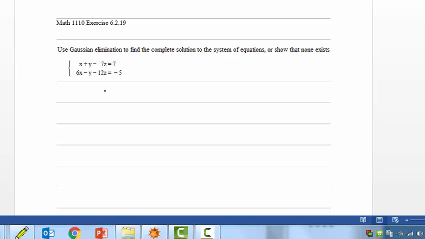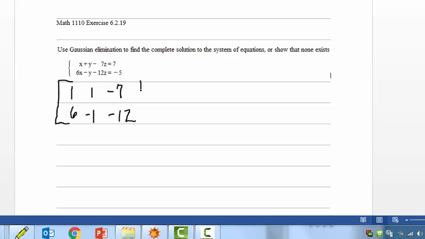If you have fewer equations than variables, your only possibility is that you are going to get either a dependent system or an inconsistent system. So in column 1, we're going to put the coefficients of x. In column 2, we're going to put the coefficients of y. Column 3, we're going to put the coefficients of z.